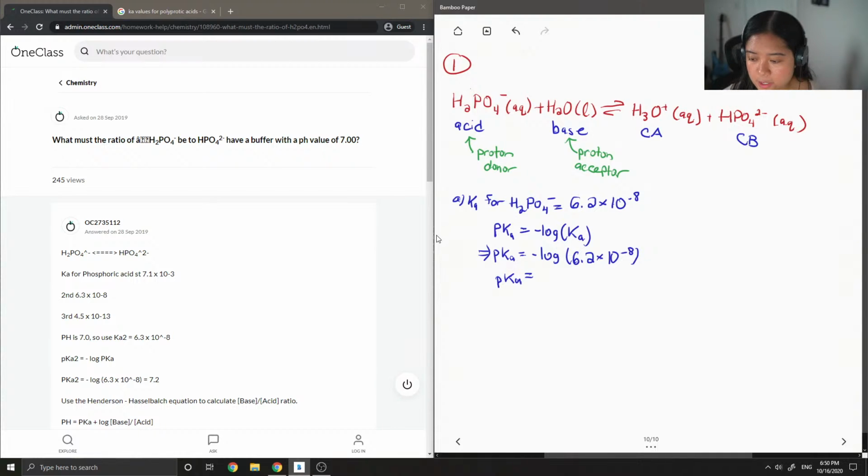Okay, so then you get a pKa value of around 7.2 for H2PO4 minus.